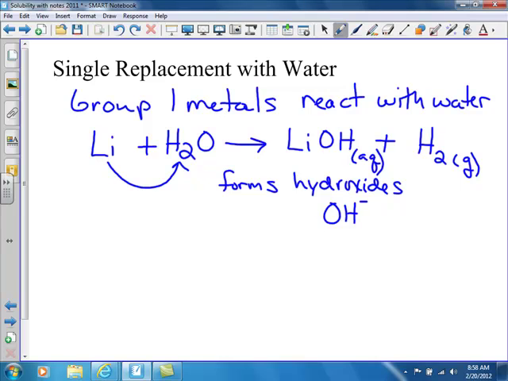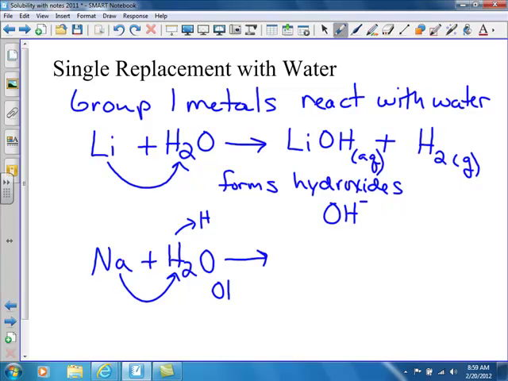Okay, so let's just look at another one quick. If I have sodium plus H2O, that sodium plus H2O is going to kick out one hydrogen. So one hydrogen is kicked out, but I'm still left with a hydrogen and an oxygen. And so that hydrogen and oxygen is negatively charged.